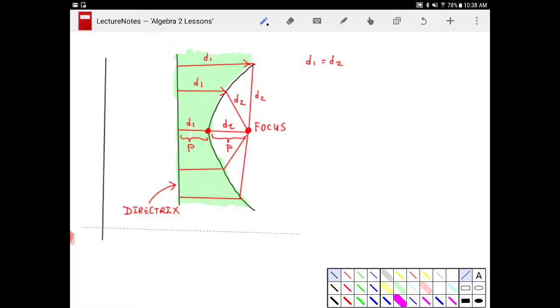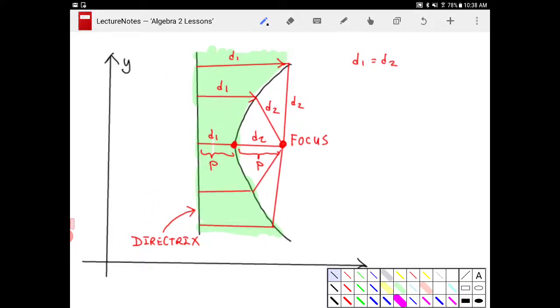So what I'm going to do is place this on a coordinate grid, on an XY axis. So this is Y and this is X. Therefore, all the points on this lens, I'm going to call X comma Y. They are some point on the lens itself.